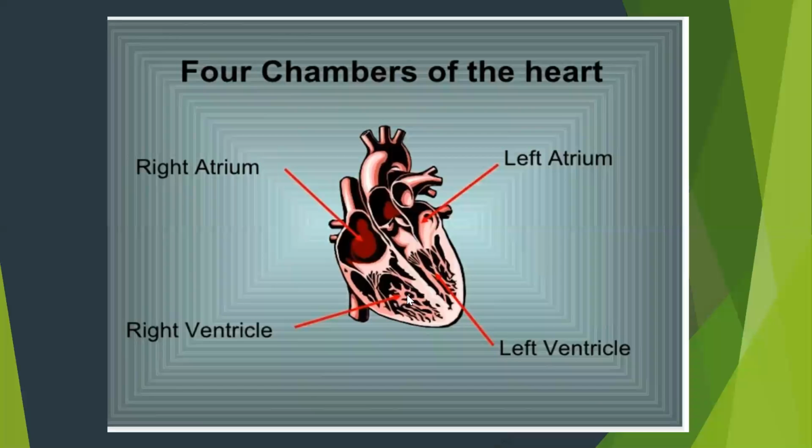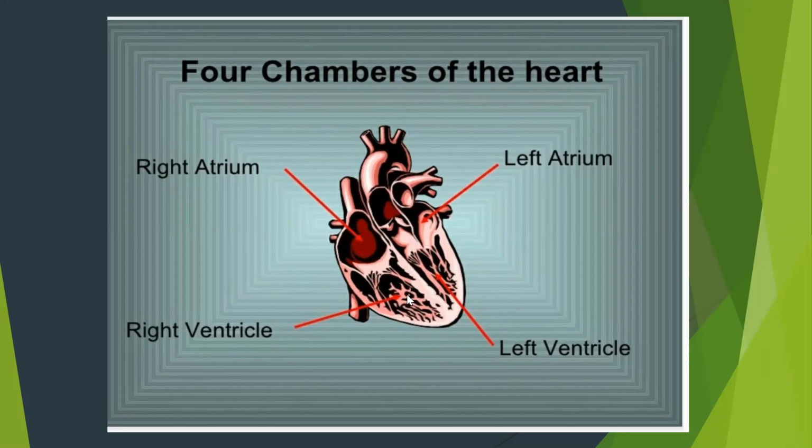Now here we have the left atrium. The left atrium is receiving the blood from the lungs, because we have sent deoxygenated blood from the right to the lungs for oxygenation. Now we have oxygenated blood.